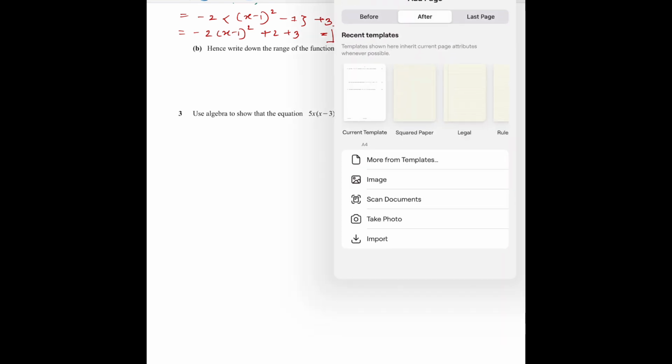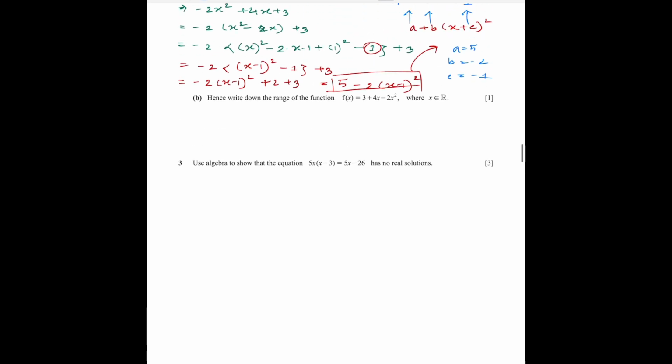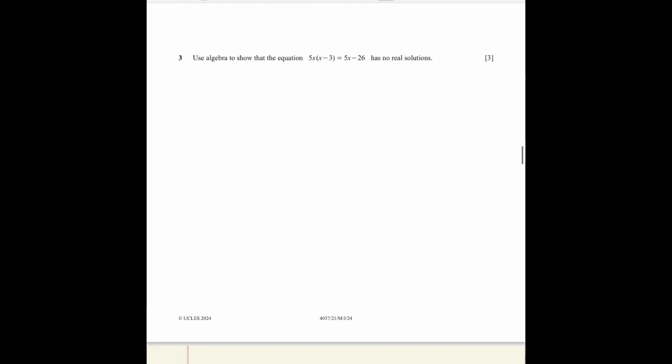So what is given? f of x is equal to 5 minus 2 times (x minus 1) squared.